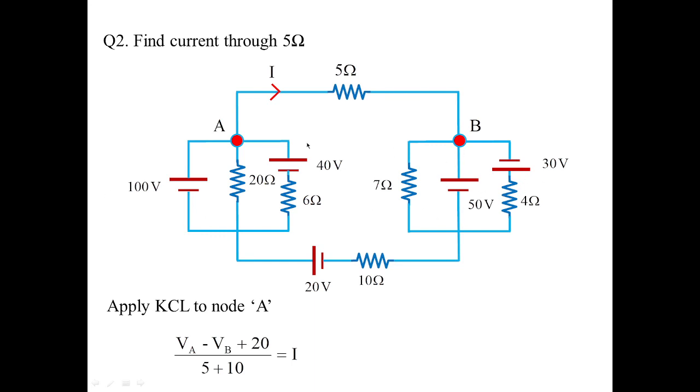The main dominating voltage sources are taken over here. The rest of the resistors are the upper resistance 5 ohm and lower resistance 10 ohm. So VA minus VB plus 20 divided by 5 plus 10 is the value of current of this entire circuit. Just replace the values: VA is 100, VB is 50. With this, I get the current equal to 4.66 amperes.